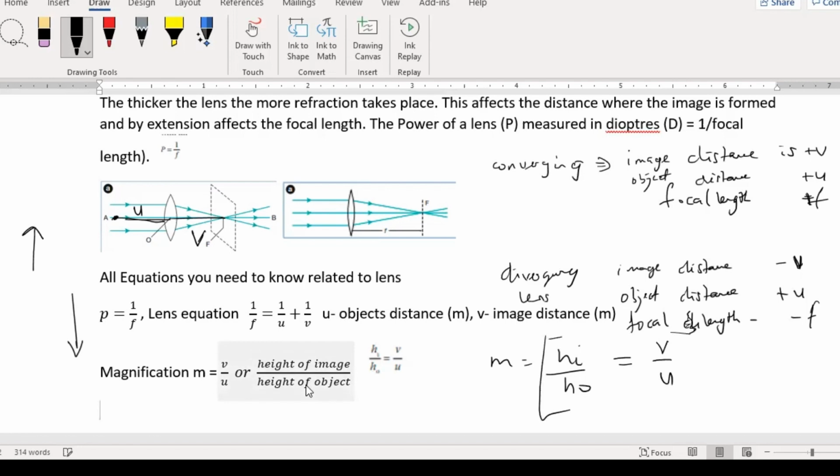Since they're equal, you could link them together and transpose to find out what your image distance or your object's distance is. It depends on what you're trying to find. So you're not limited to the information that you're given when you're dealing with these problems. Make sure you pay attention to this, because you can actually use that to figure out some unknown thing. All right, but if there are any questions, please let me know.